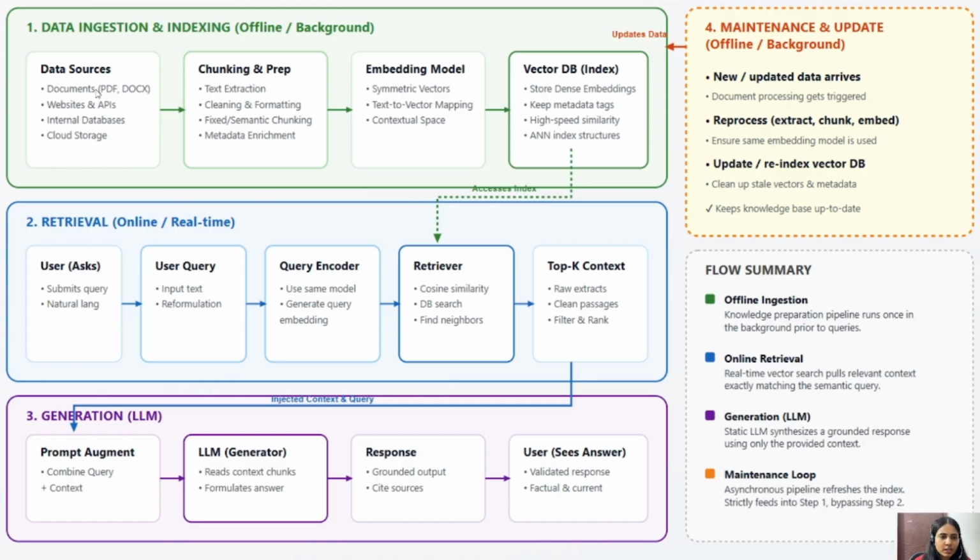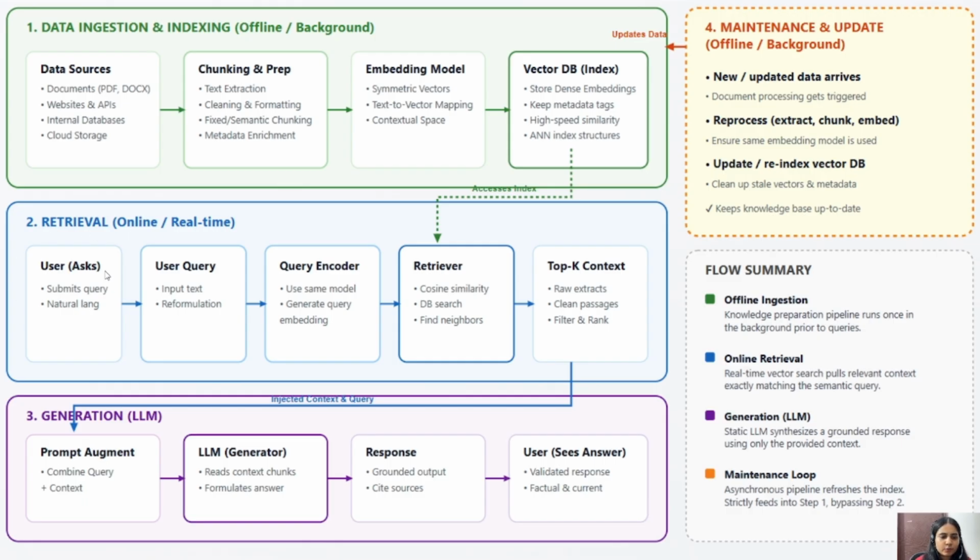Here we can see what is within the data source. There are many more things, but there are a few which I highlighted here. These are the data sources, chunking and preparation, then the embedding models, such as text to vector mapping, contextual spaces, and semantic vectors, then the vector DB. From here the retrieval will access the indexes and get the data from the vector DB.